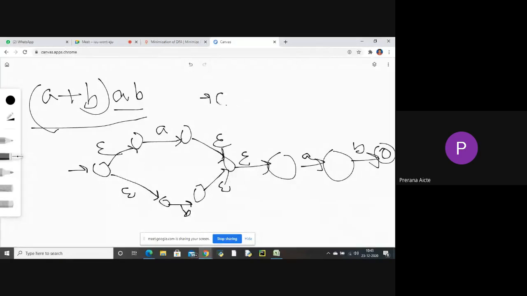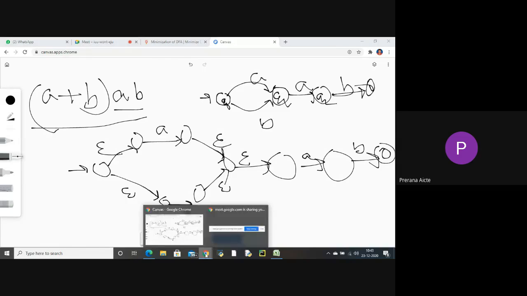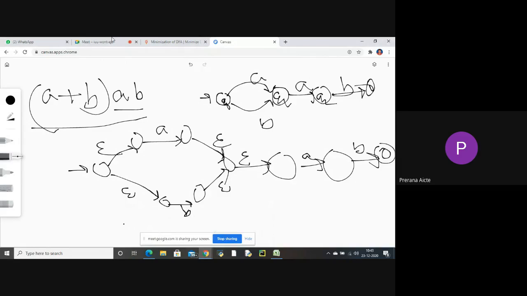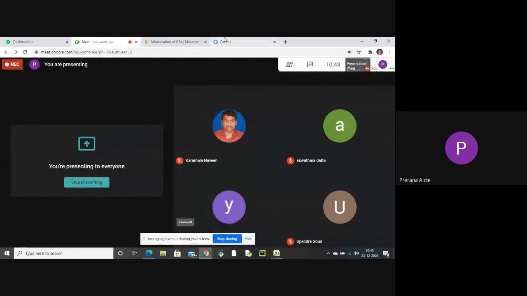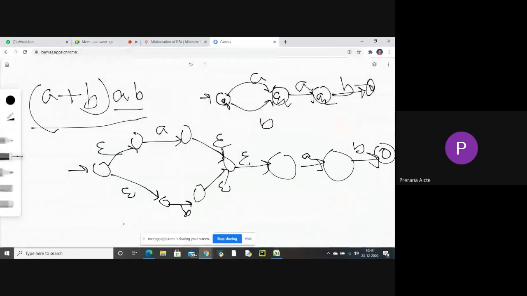A plus B can be represented using this diagram without epsilon, so it is A, B, A, B, with state Q3.